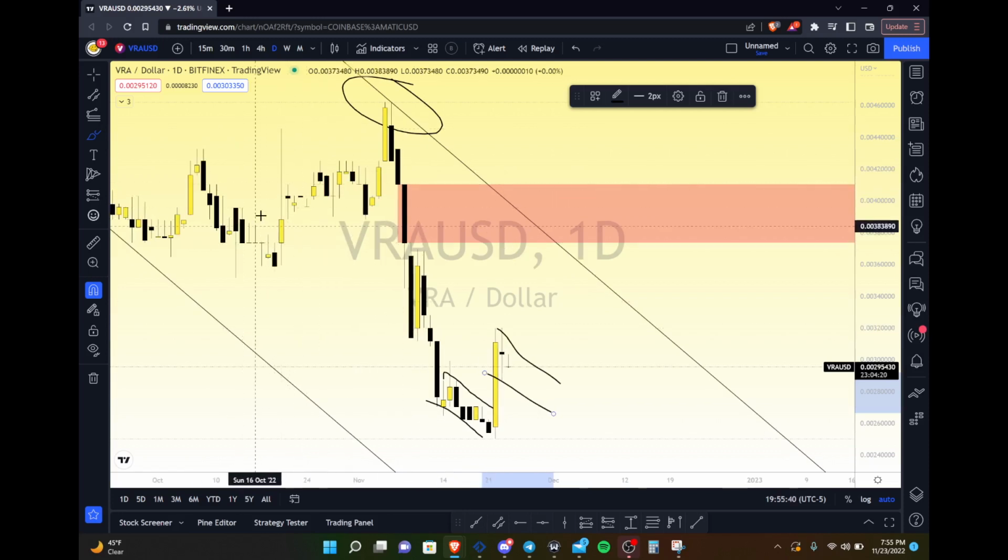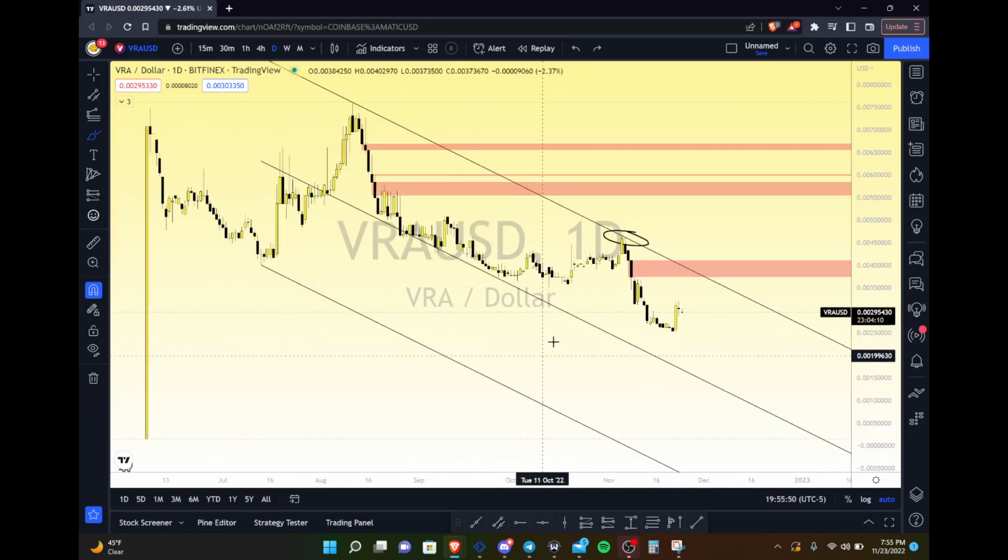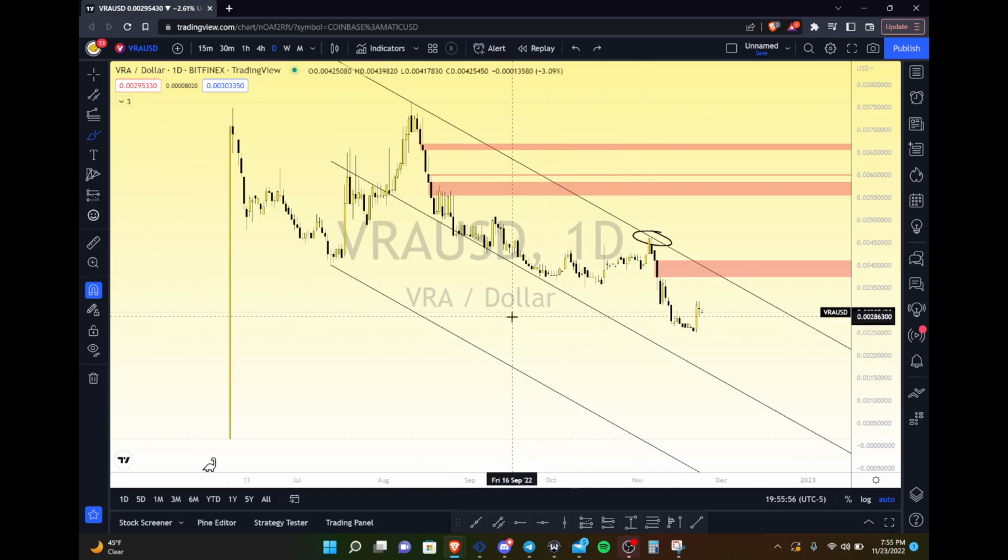You're not getting the most clean candles because there's just not as much volume going into this asset right now. But overall, I do like it. But again, it has some work to do if we're going to go into a bullish cycle for VRA. It's a very, very young coin, and I don't know much else past this.